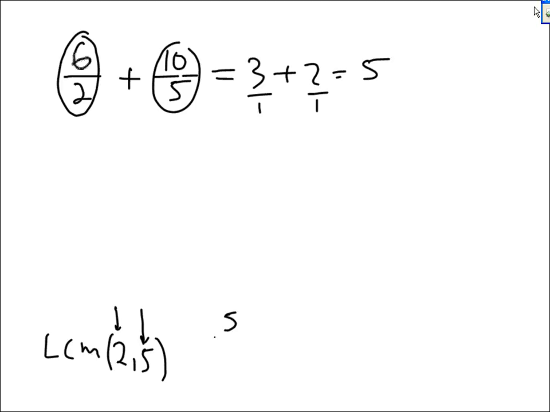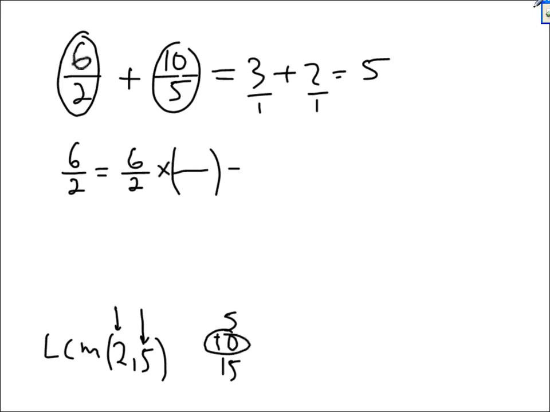Well, here are the first few multiples of 5. I'll stop right there. That's an even number. So it's 10. So you want to take 6 over 2, and you want to write it with the 10 on the bottom. So it equals 6 over 2 times 1. I want a 10 on the bottom.